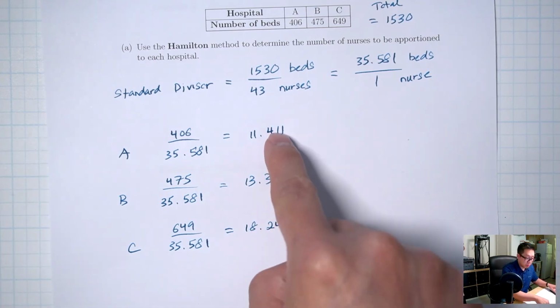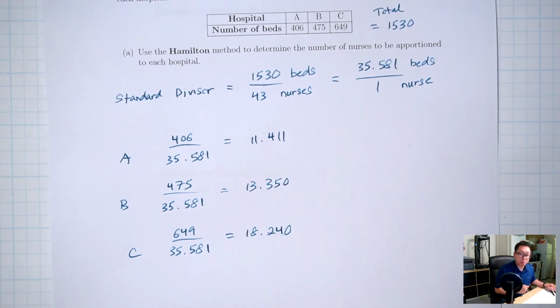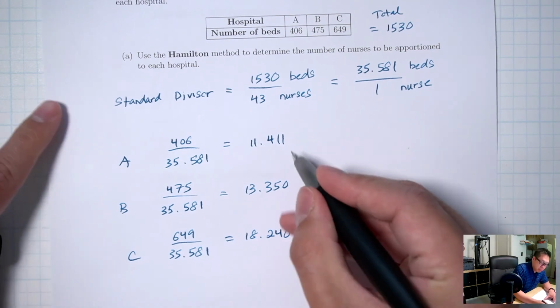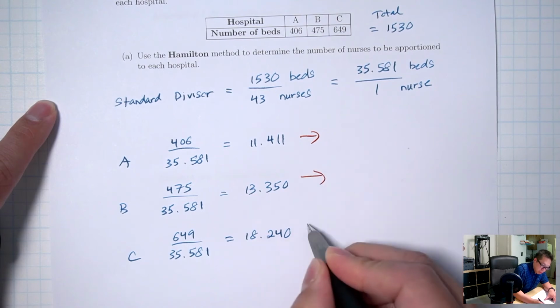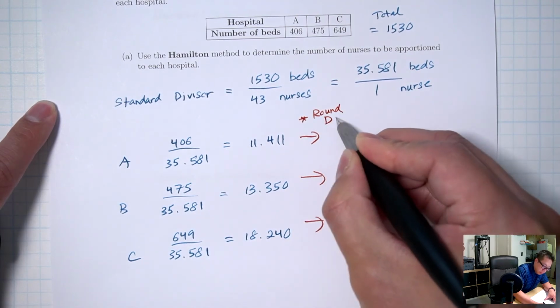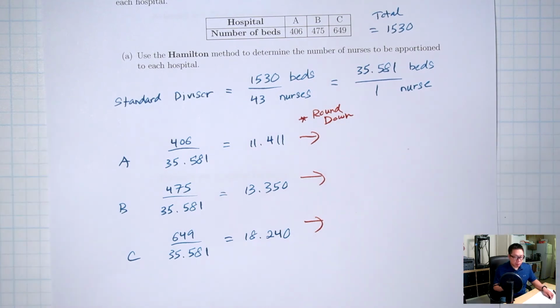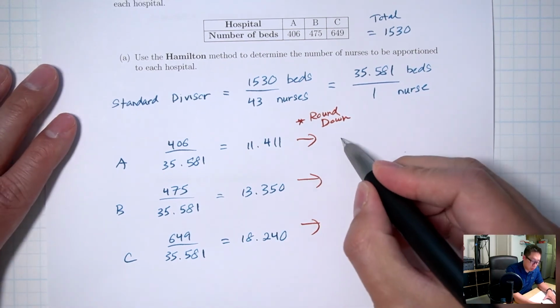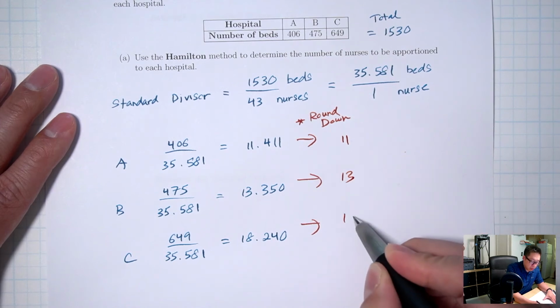Okay, so those are what we called the standard quota on the previous page. And in the Hamilton method, you round down, which is the same thing as just ignoring the decimal part. So we'll get 11, 13, 18.